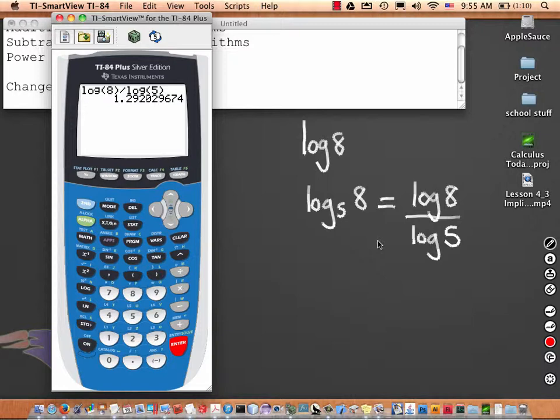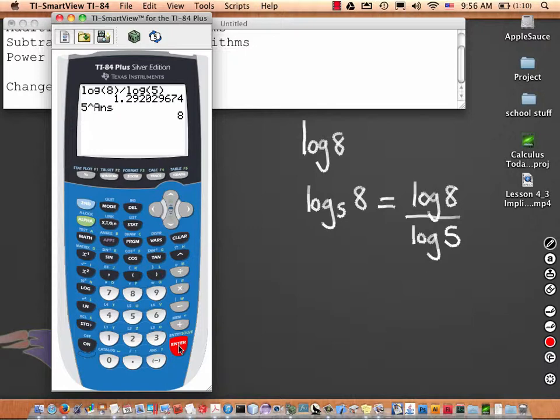We're looking at the power right now, 1.292029674. So 5 to that power should be 8. If I take 5 and raise it to this number, using my answer variable, and hit enter, I get 8.